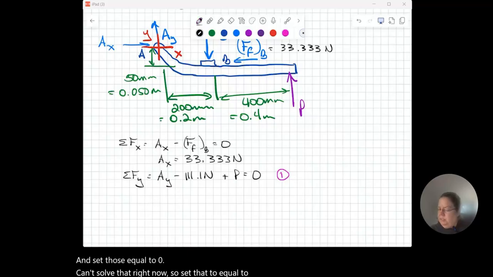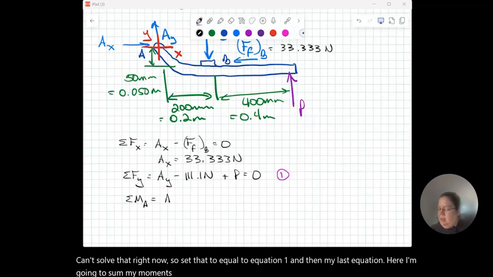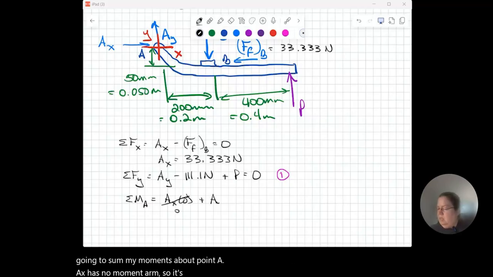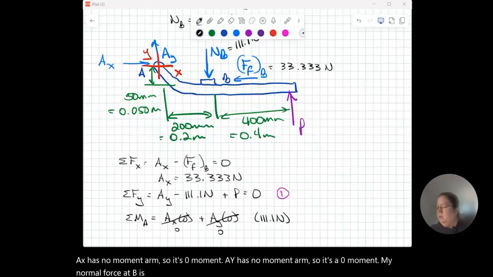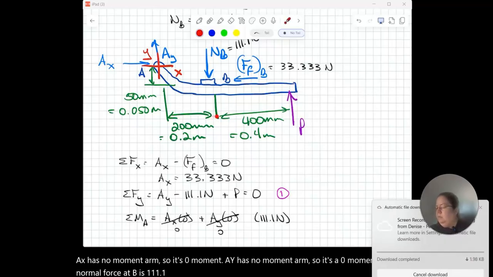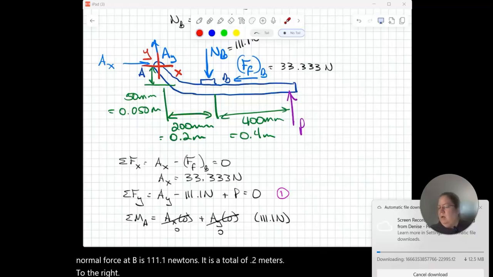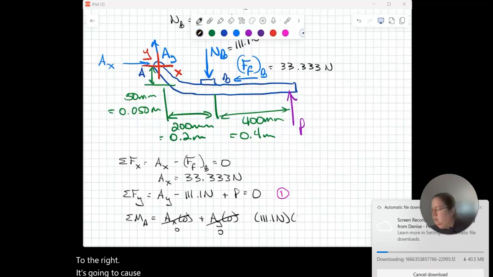And then for my last equation, I'm going to sum my moments about point A. AX has no moment arm, so it's a 0 moment. AY has no moment arm, so it's a 0 moment. My normal force at B is 111.1 newtons. It is a total of 0.2 meters to the right. It's going to cause a clockwise or negative moment.